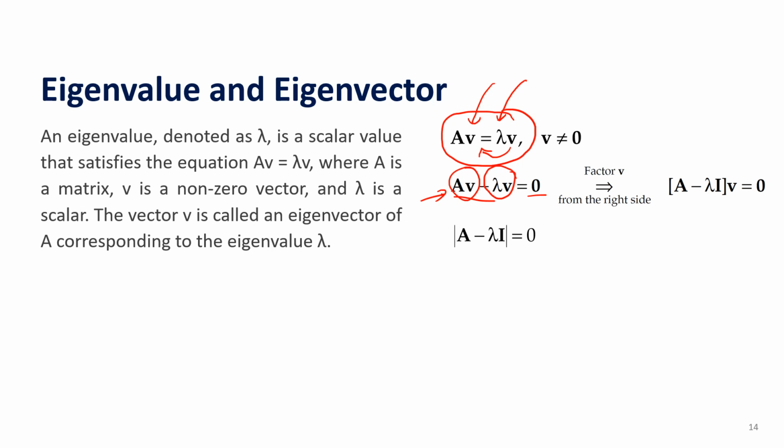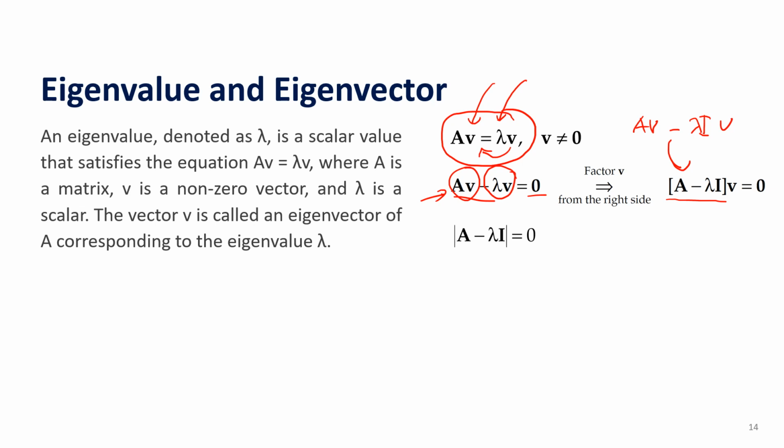So you can replace lambda multiplied by v with lambda multiplied by I, the identity matrix, multiplied by v, and then you can take the v out.